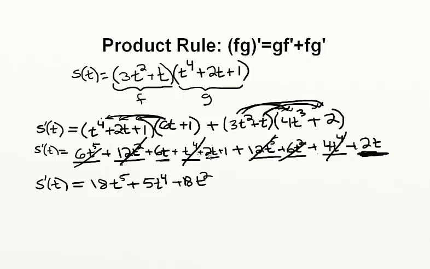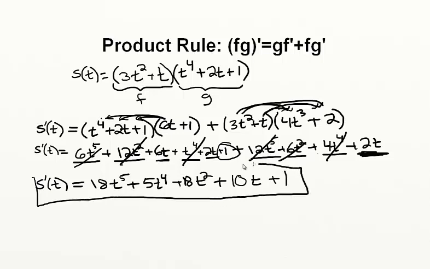So that's 6, 7, 8, 9, 10. So that's plus a 10t. And then what's left over after that? Just this one. And there is our full derivative of s of t using the product rule.